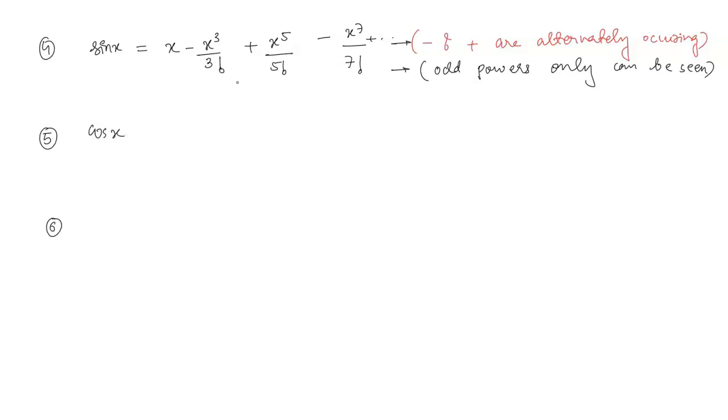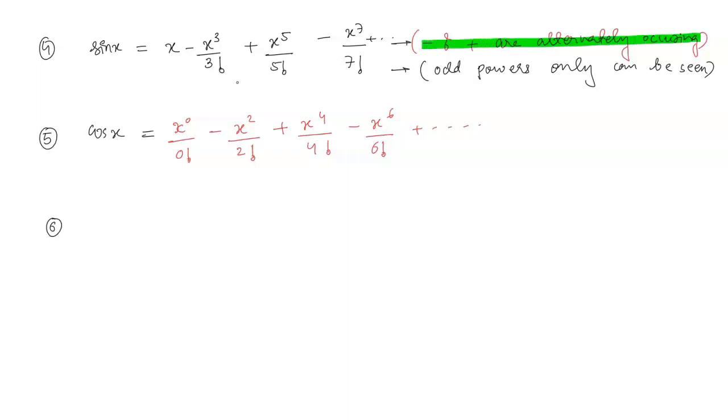If we have to write the cos x term now, odd powers are already gone, now it is the time for even powers. So it will start with x to the power 0 by 0 factorial and then minus, even power is 2, so this will be 2 factorial, then plus, even power is 4, so this is 4 factorial, minus x to the power 6 by 6 factorial, and plus so on. So whatever rule we followed in the sin expression, that minus and plus are alternately occurring, the same rule applies in cos x also.